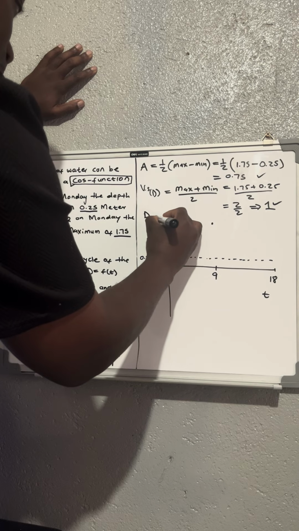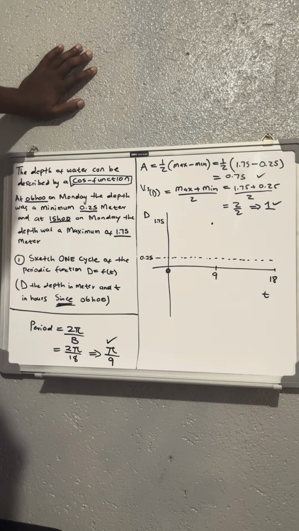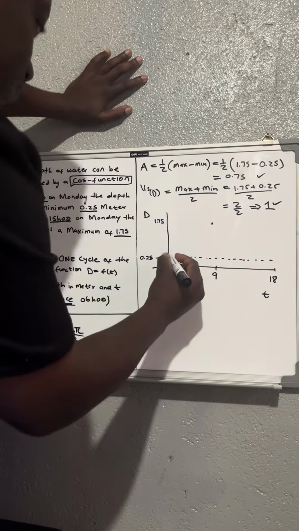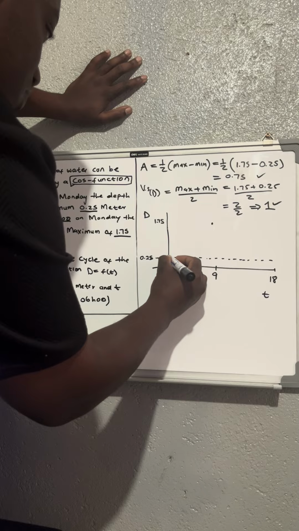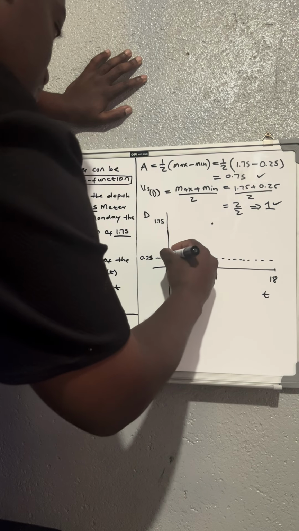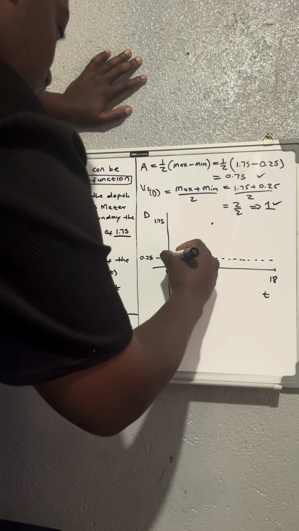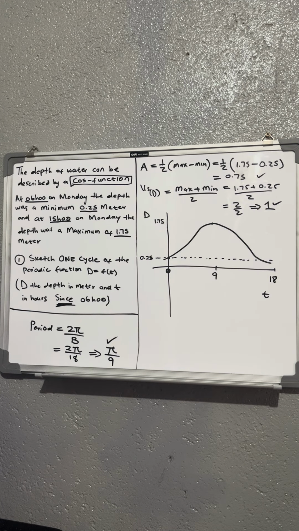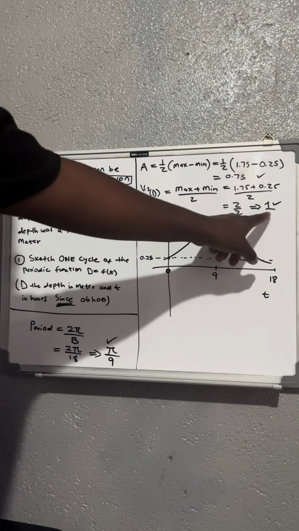So now we can just plot. We will have a graph that looks like this. It looks like that, but now we also have to include what? Our vertical shift.